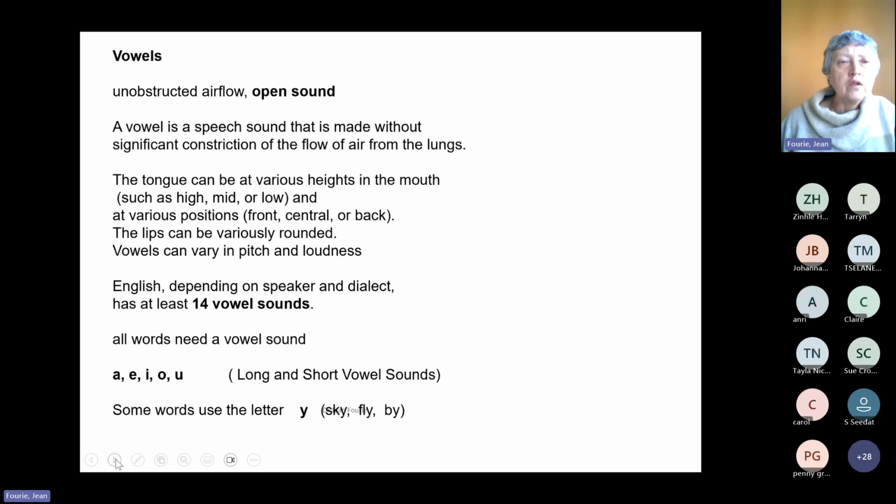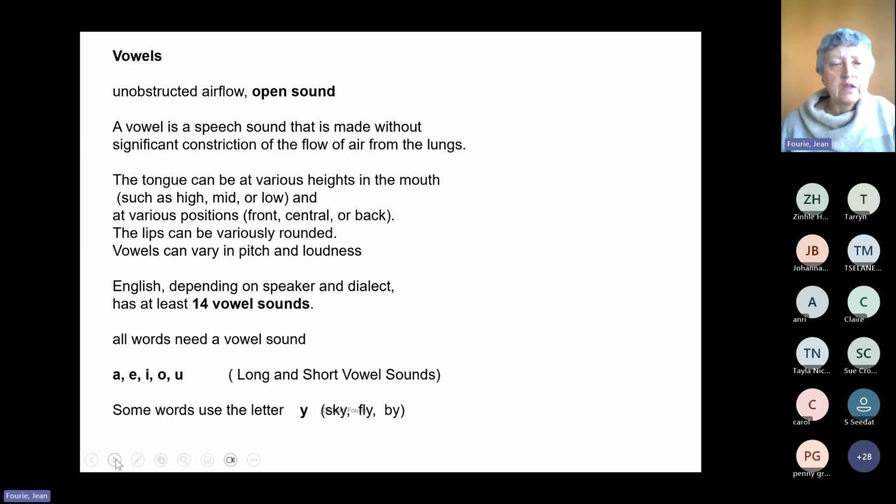So vowel sounds are open, unobstructed sounds, and they are usually in the middle of words. All words need to have a vowel sound. We've got long vowels and short vowels. The short vowels are a, e, i, o, u, and the long vowels are a, e, i, o, u.